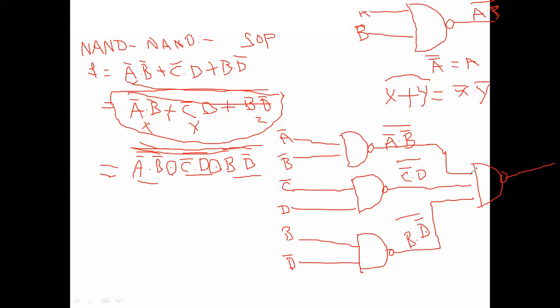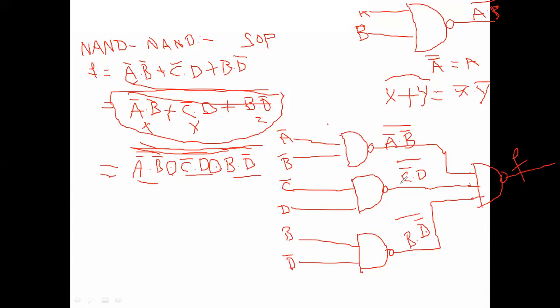Here A bar dot B bar whole bar, C bar dot D whole bar, B dot D bar whole bar. So here finally we are getting the required function. Do you understand?